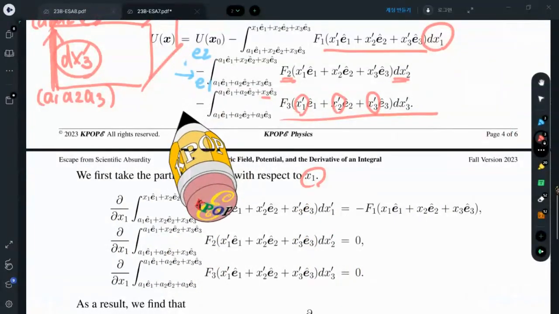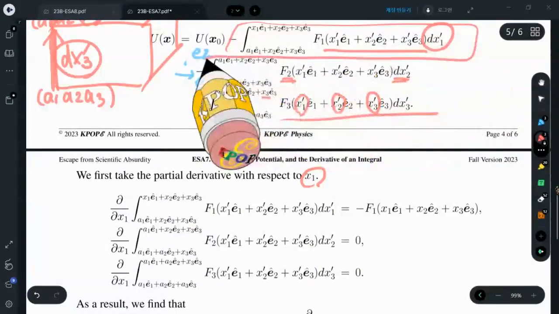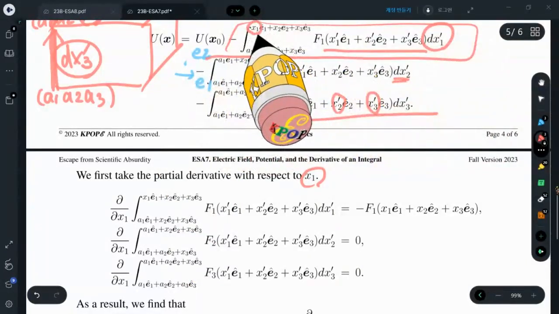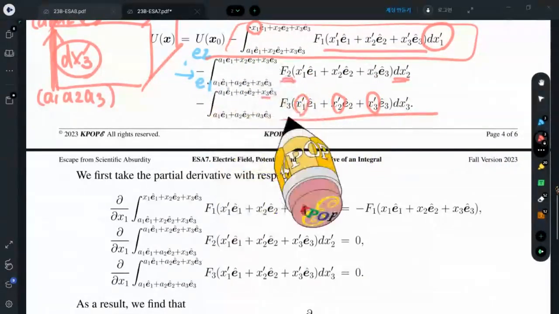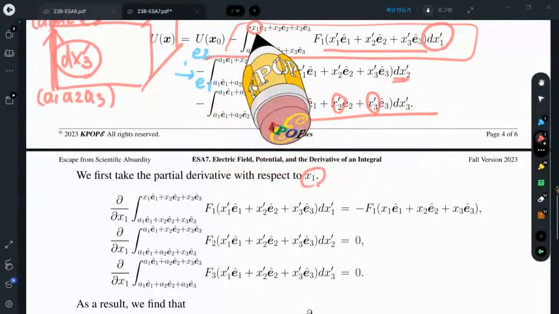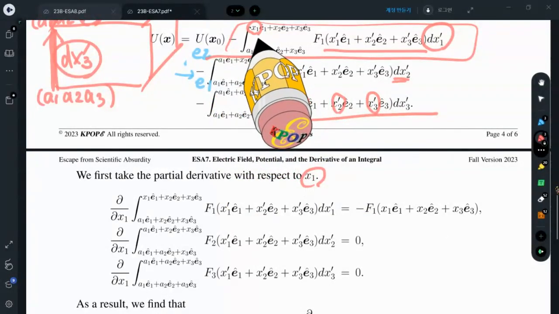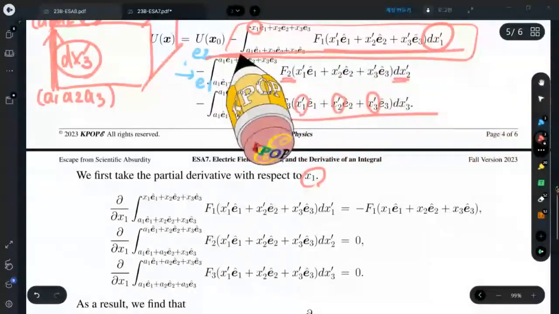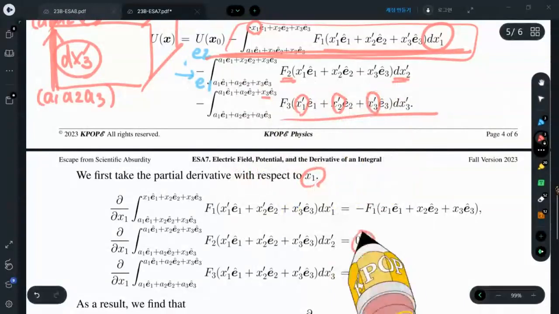First of all, x1 dependence appears only in this term. There is x1 only in the first term. The second and third integrals do not have any information about x1. Therefore, the partial derivative with respect to x1 is not vanishing only for the first term, and these two will vanish.